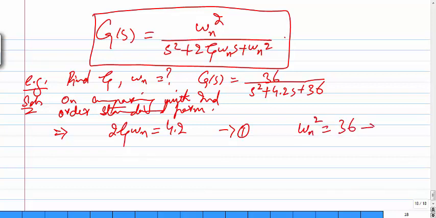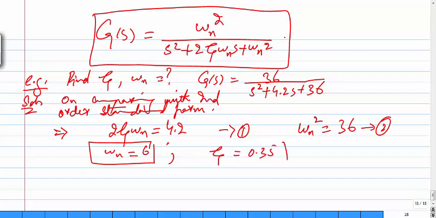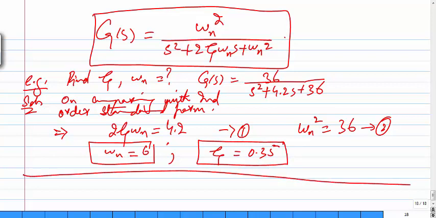Now from 1 and 2, omega n becomes 6, and when we put 6 in this equation, zeta comes out to be 0.35. So this is the way you can calculate zeta and omega n for second order dynamic systems.